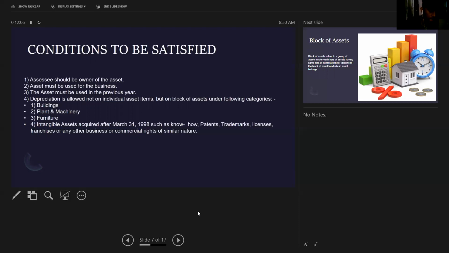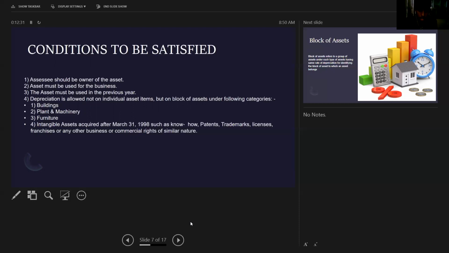For example, we can sit on furniture, but we can't sit on goodwill. That's not possible. But goodwill helps in generating income. So the assets are classified into tangible and intangible assets. Tangible assets include building, but exclude land.